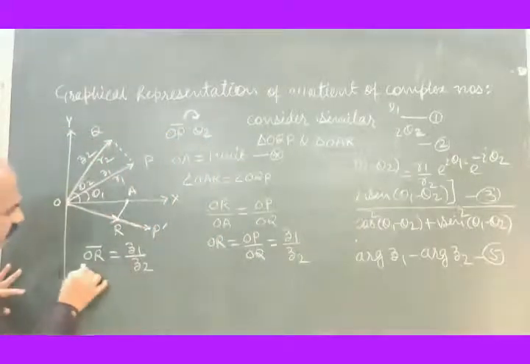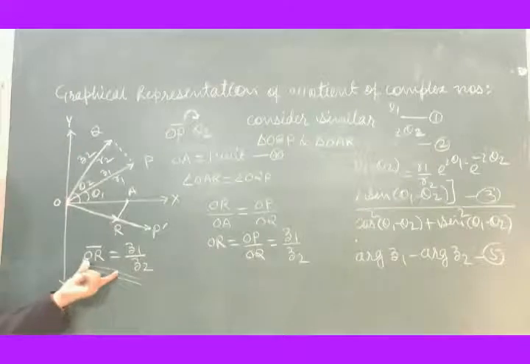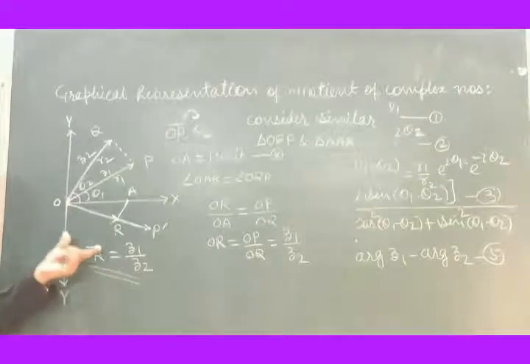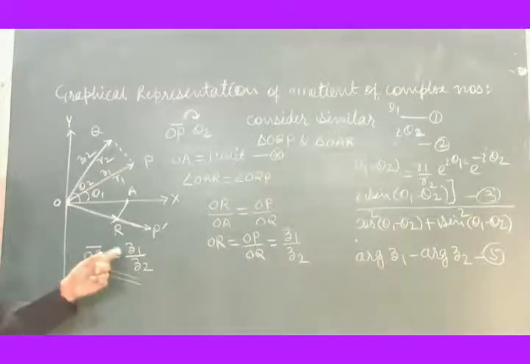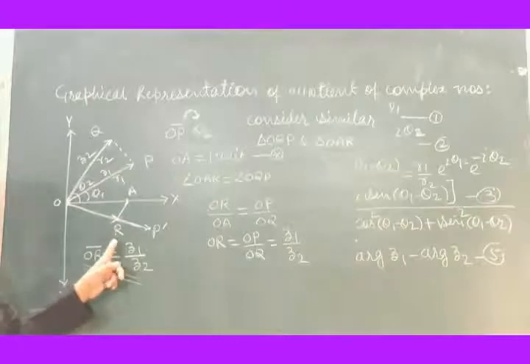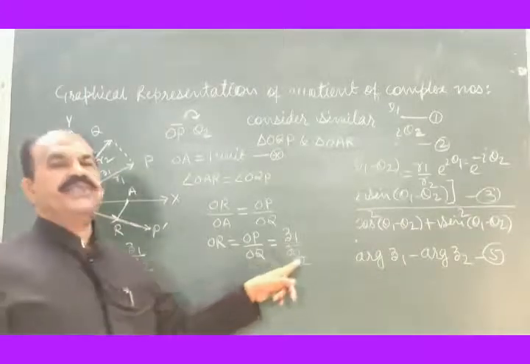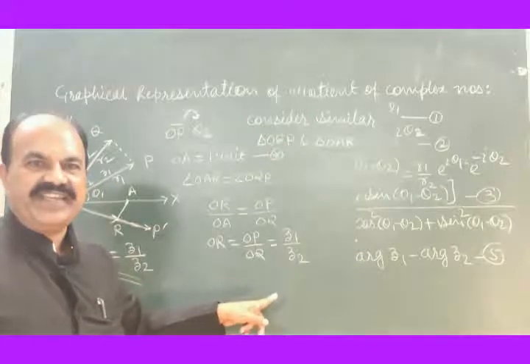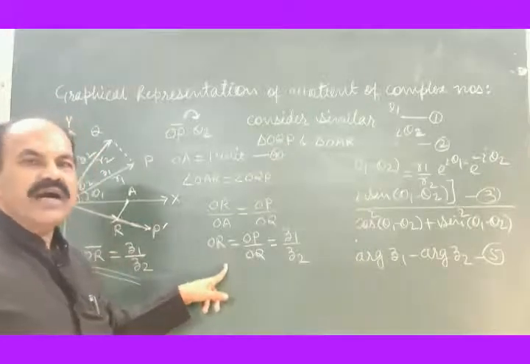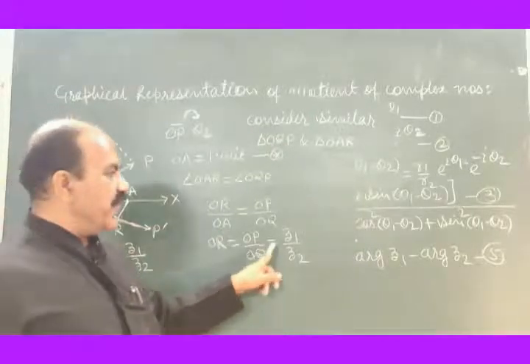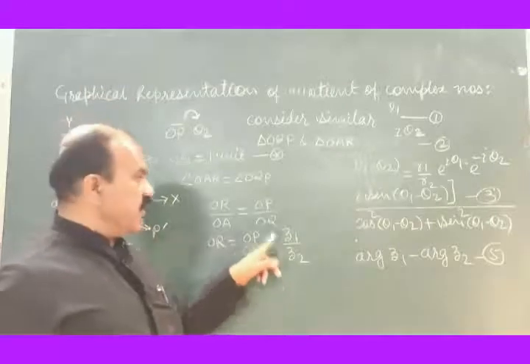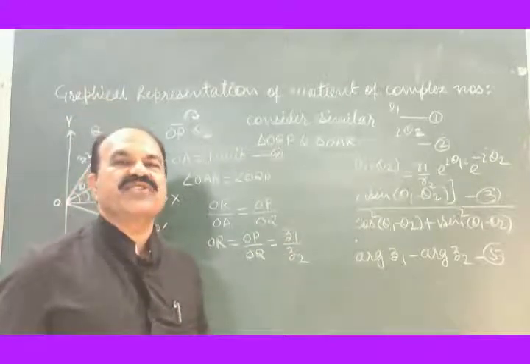It means that whatever statement we made here, vector OR is the quotient of complex numbers Z1 and Z2, is verified here.